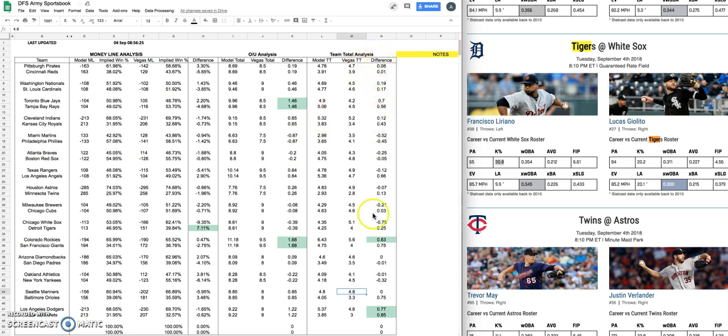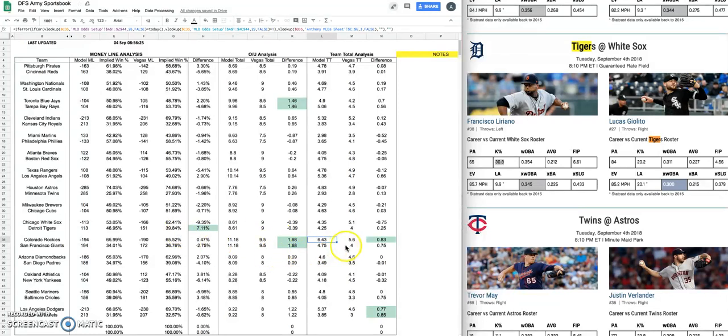So you could look at the difference here and say, okay, Colorado, I want to fade them tonight. Let's just say, is tonight the right night to fade them? Vegas says 5.6, and the model is really, really strong on them. Almost a full run gap between the model team total and the Vegas team total. There's also almost a 2-run gap in the total itself.